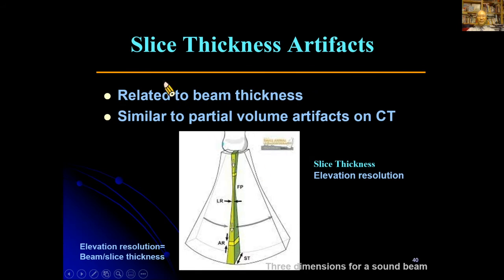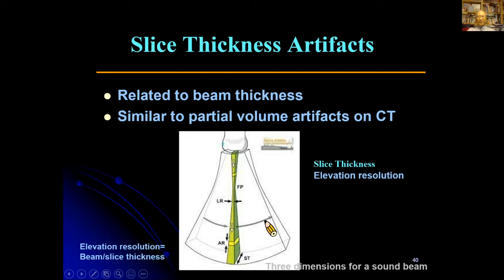And now slice thickening artifact. It's similar to partial volume artifact on CT, because the sound beam has three dimensions: one for axial resolution, one for lateral resolution, and here is the slice thickness. So it's so-called elevation resolution.